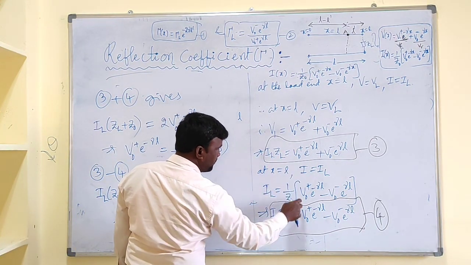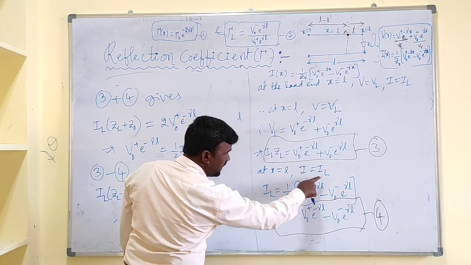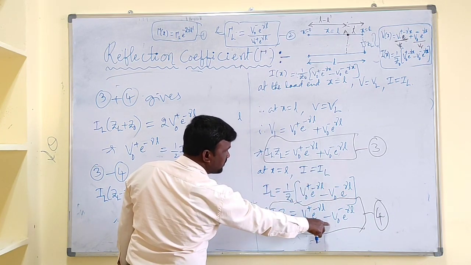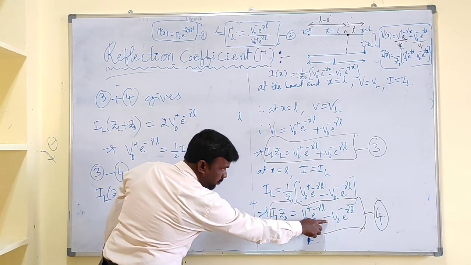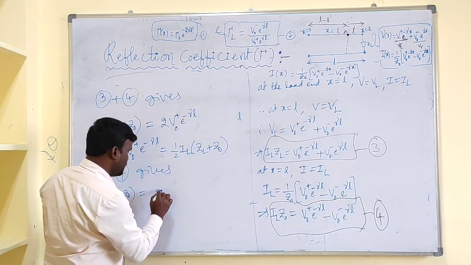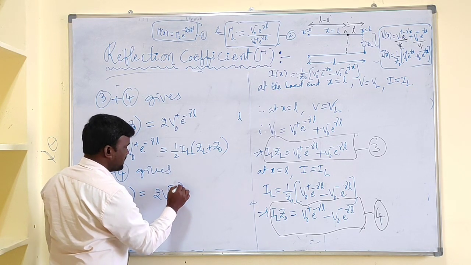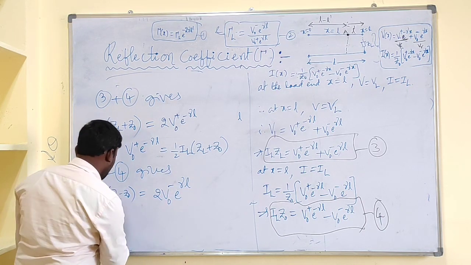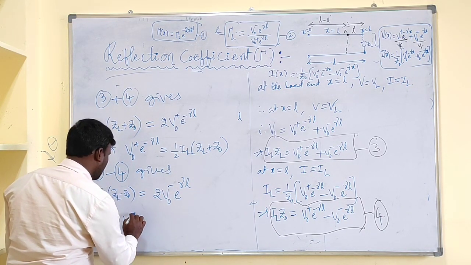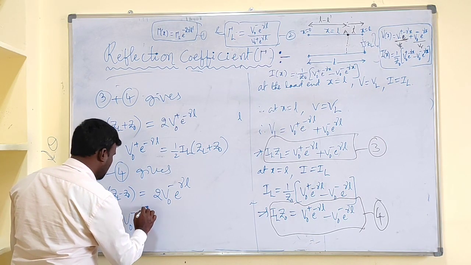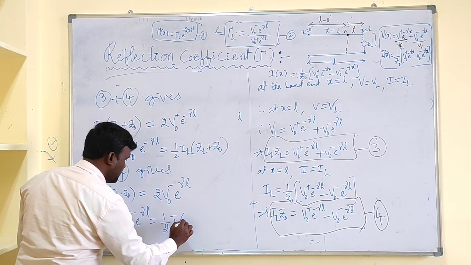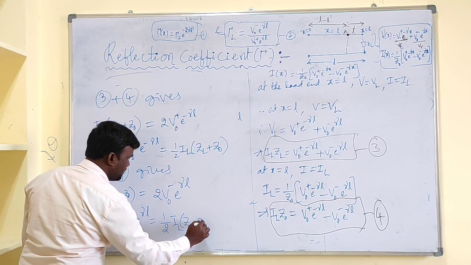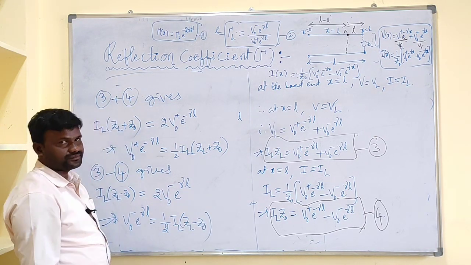As these are the same, these two cancel out, and this one minus this one gives V naught minus e to the power gamma L minus of this one, that is 2 into V naught minus e to the power gamma L. So finally we got V naught minus e to the power gamma L is equal to 1 by 2 IL into ZL minus Z naught.